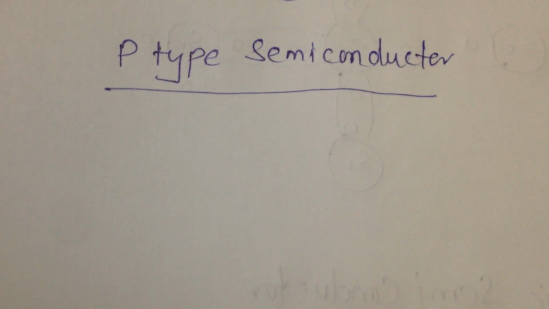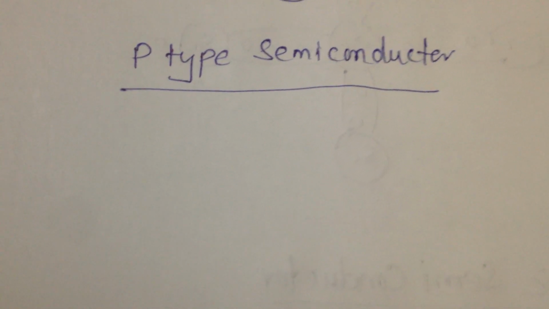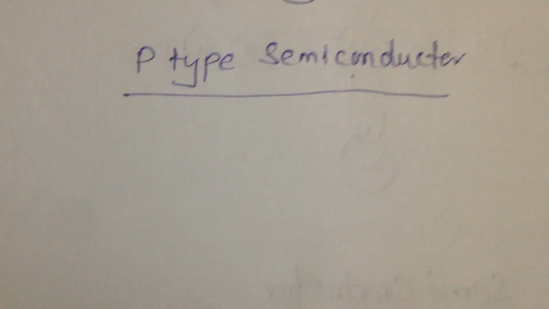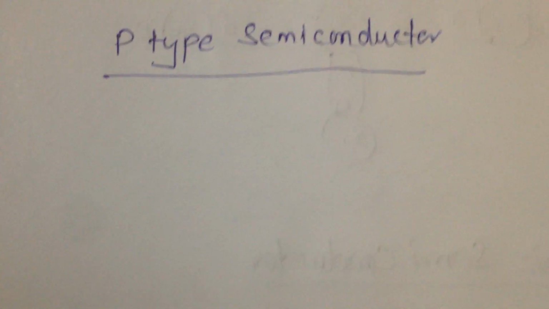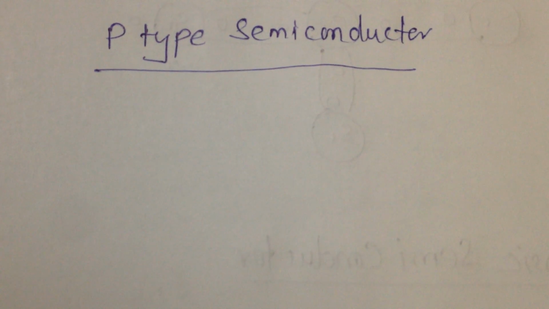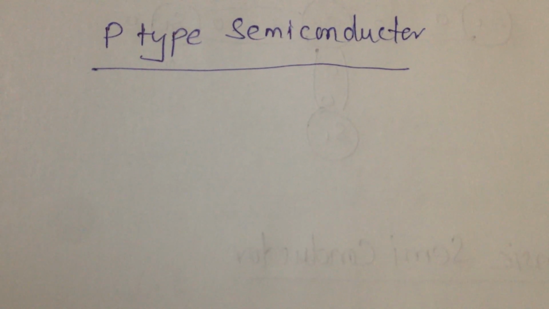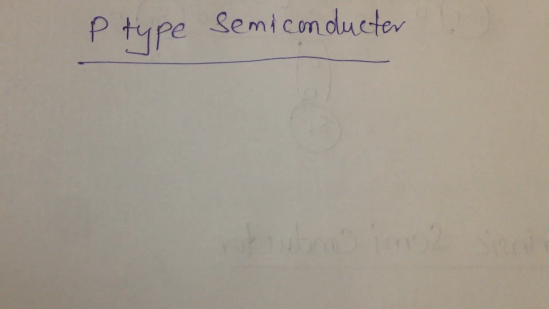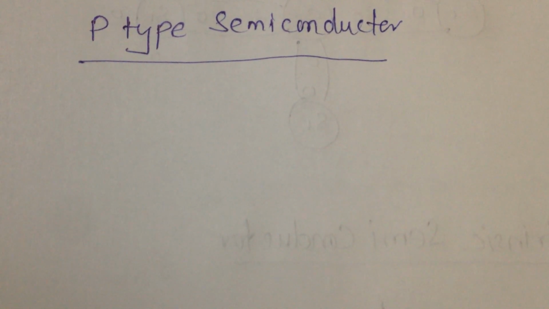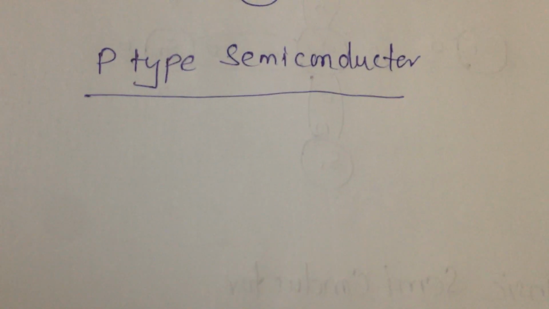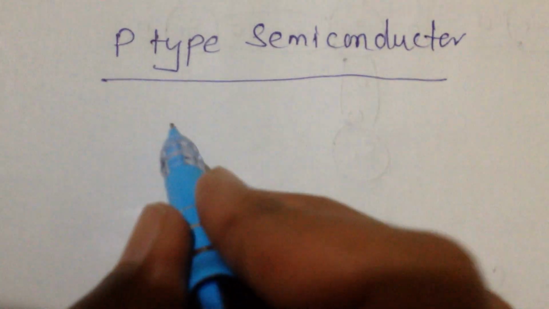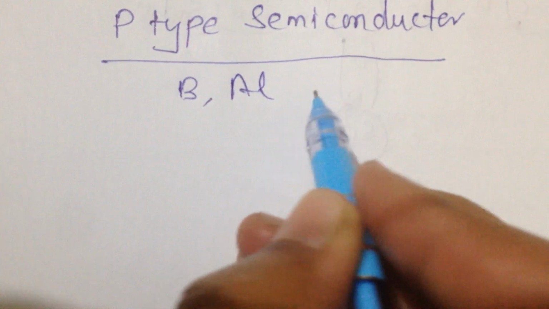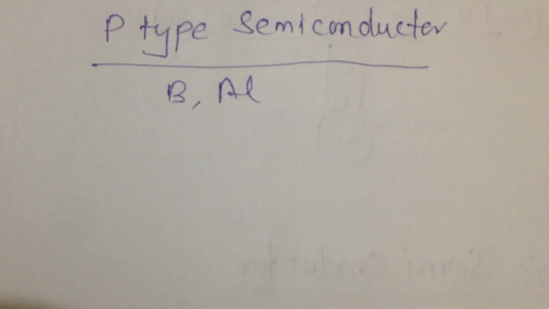To make a P-type semiconductor, we add trivalent impurities like boron, aluminium, gallium, or indium.